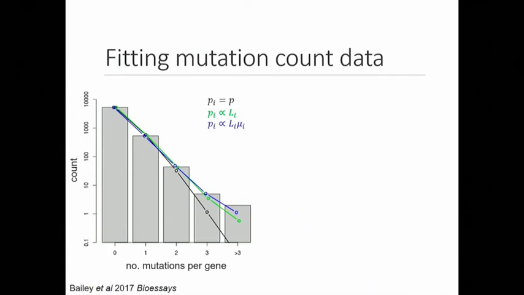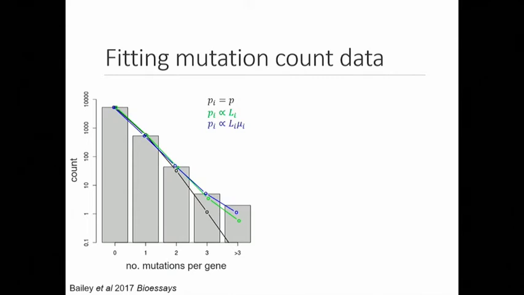And then if there's some additional variation on top of just the variation from length, we can explain the data even a little bit better. So we fit these models to the mutation accumulation data to get an idea of how much heterogeneity in terms of mutation rate alone we can characterize across the genome.